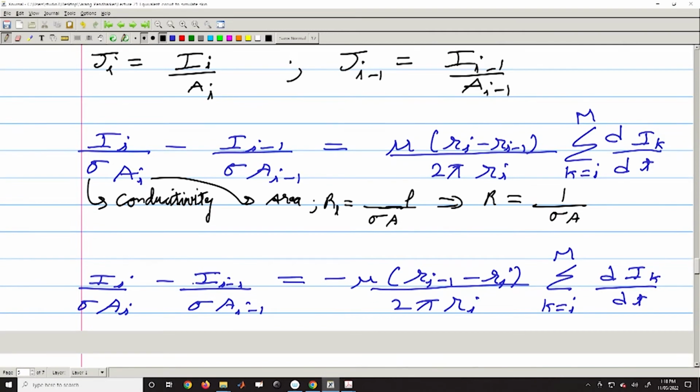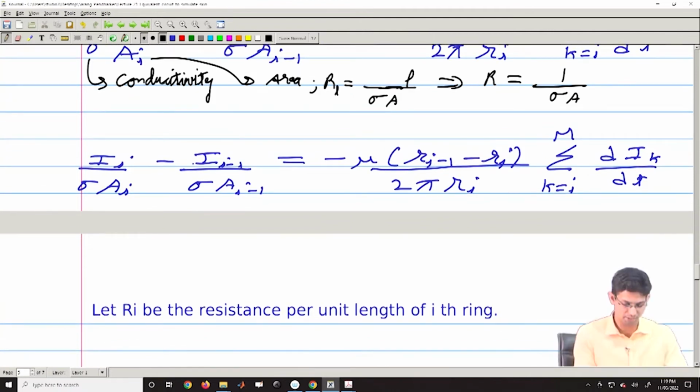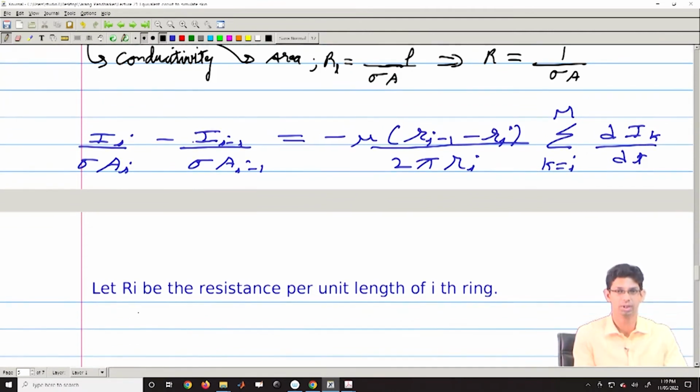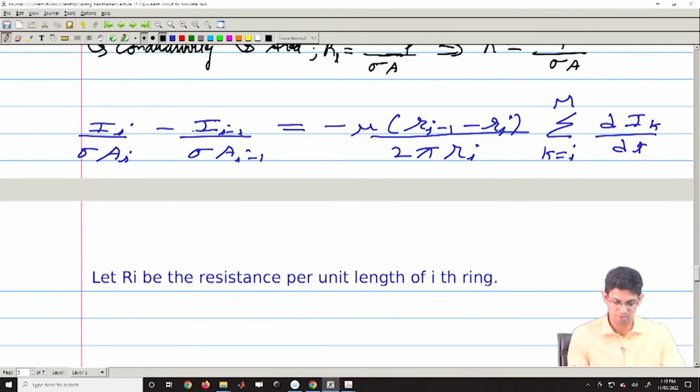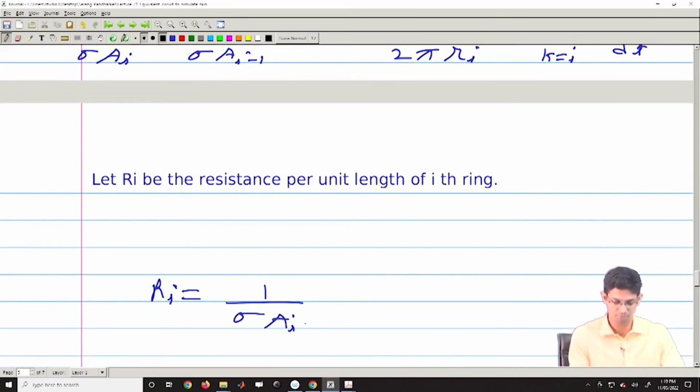So, what you can say is that this term on this side is basically the resistive part. If I say let R i be the resistance per unit length of the ith ring, then I can replace this with R i as 1 by sigma i into A i.